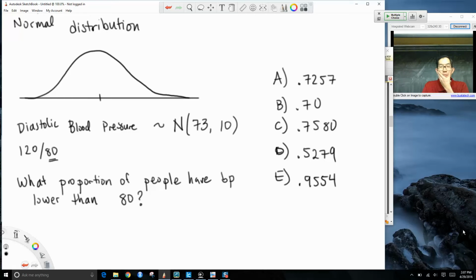Okay. You can go ahead and try that out. So your picture should have 73 in the middle.